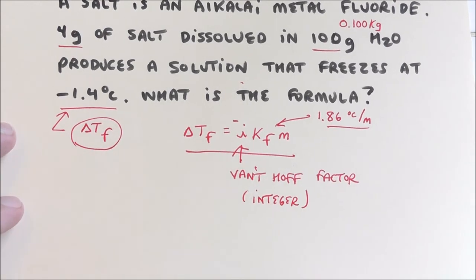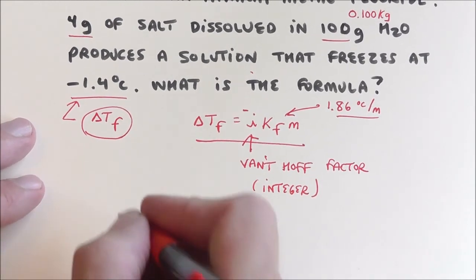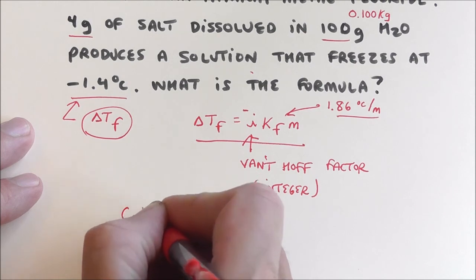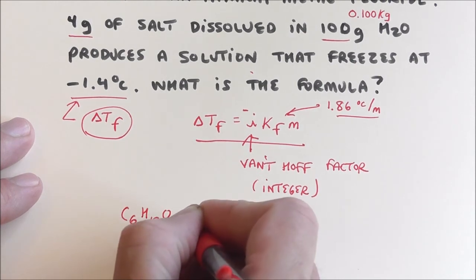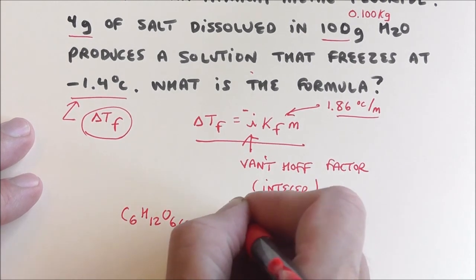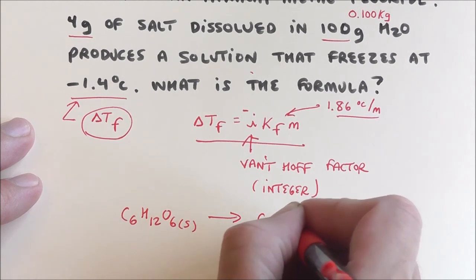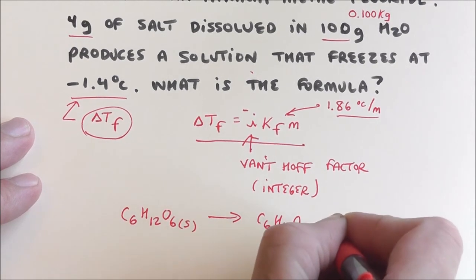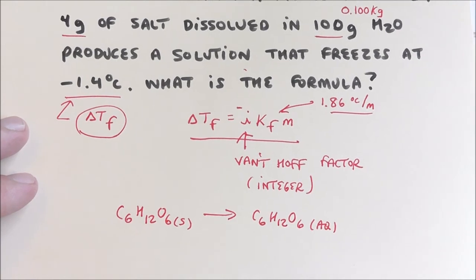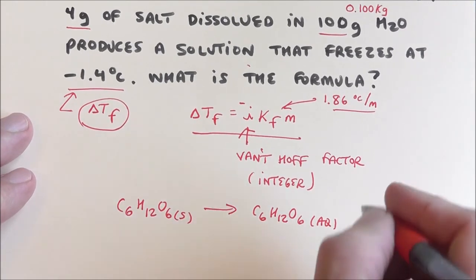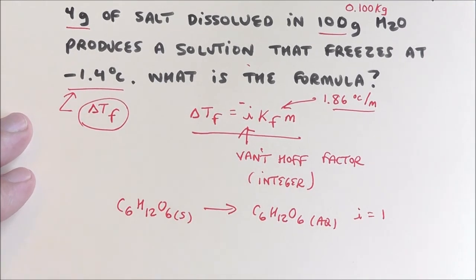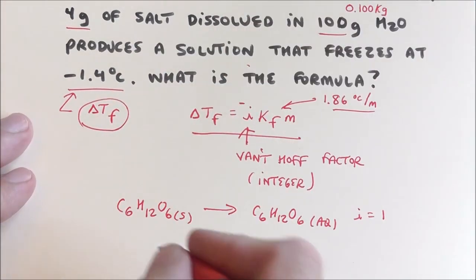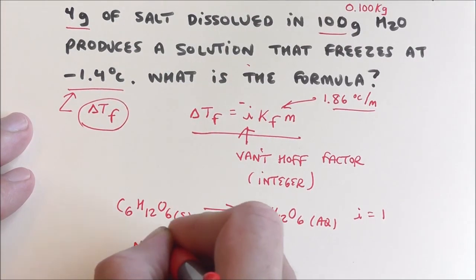And so what would happen is if you were to take a sugar and dissolve it in water, you would find that it behaves like a single solitary particle. I would be 1. Now let's say I take sodium fluoride.